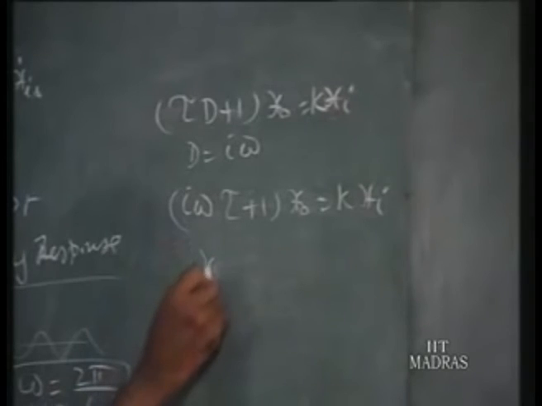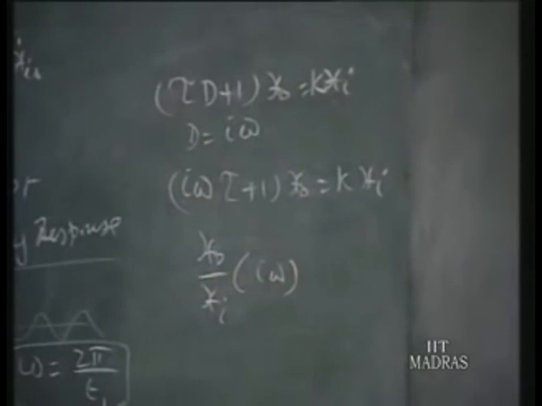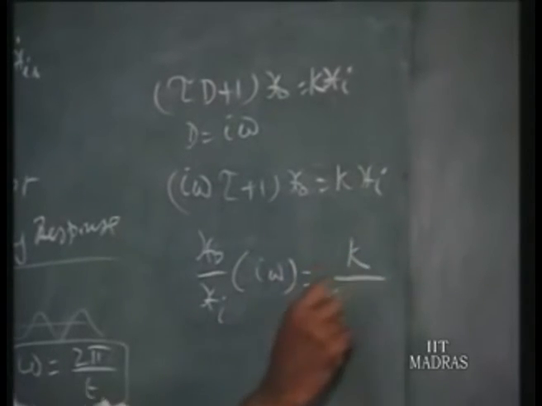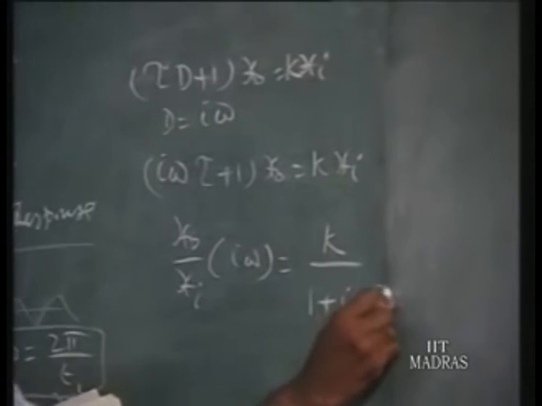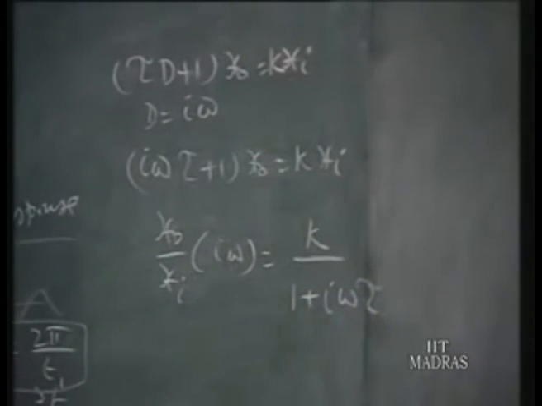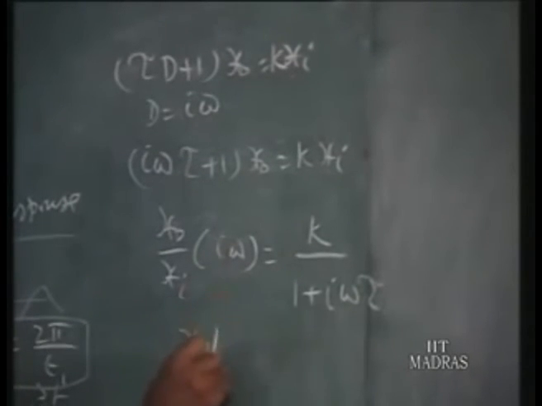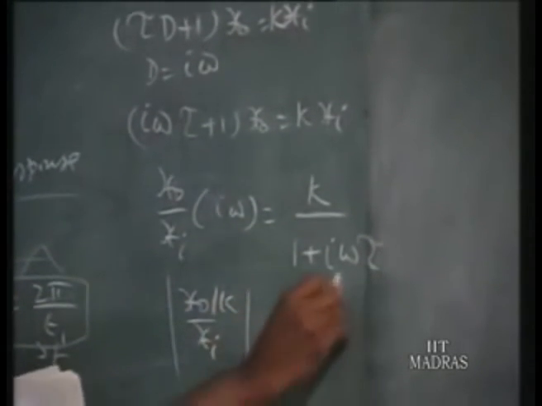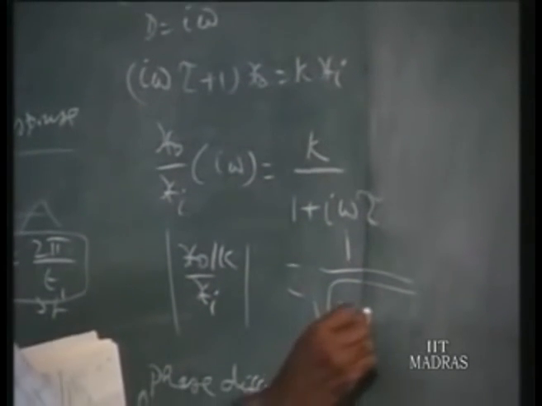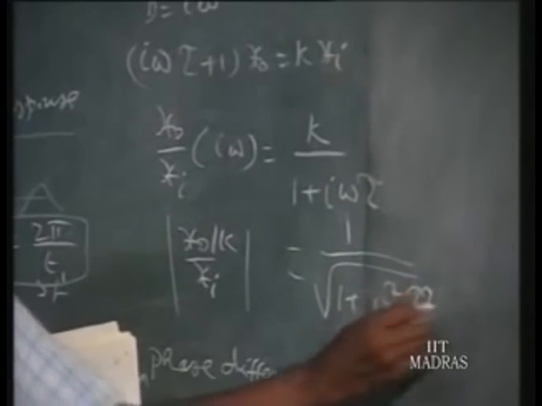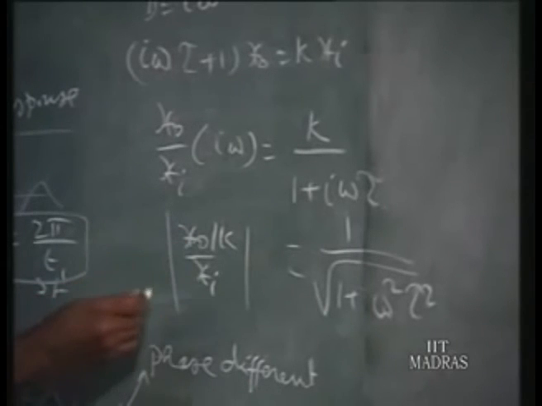And then writing xo by xi in terms of i omega, this is equal to k by (1 plus i omega tau). This is a complex number. Its magnitude ratio xo by xi is obtained; you can bring k this side. The magnitude ratio is equal to 1 over k times 1 by the square root of (1 plus omega square tau square).